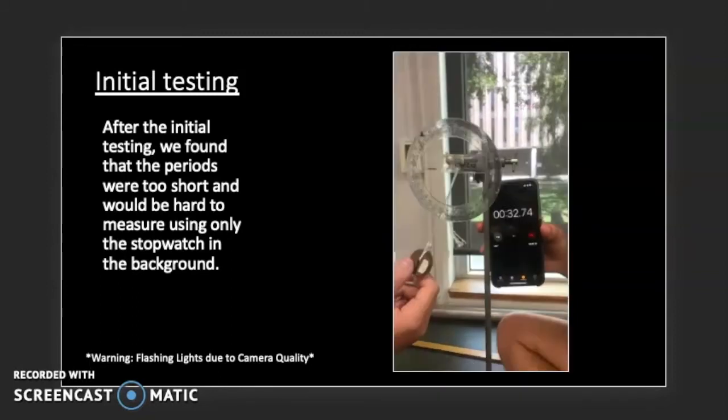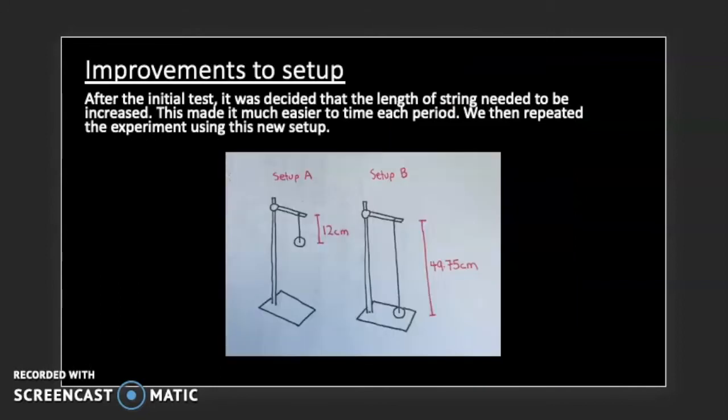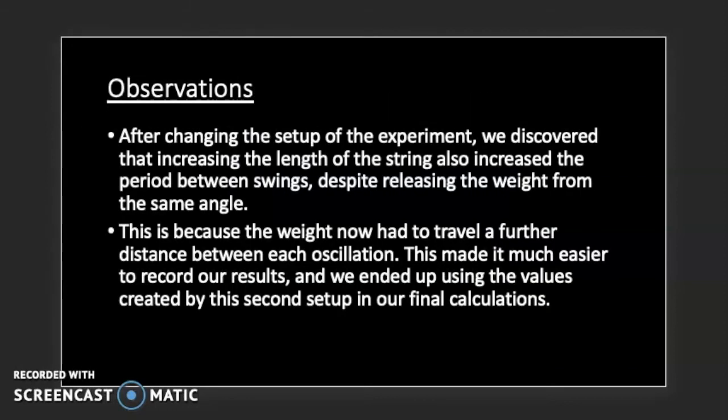So instead, we decided we would change our setup to make the length of string a bit longer. You can see here in this little diagram, we've got setup A, which is our initial one, with the shorter piece of string, and in setup B, we changed the length to 49.75, so over quadrupled the length of string.